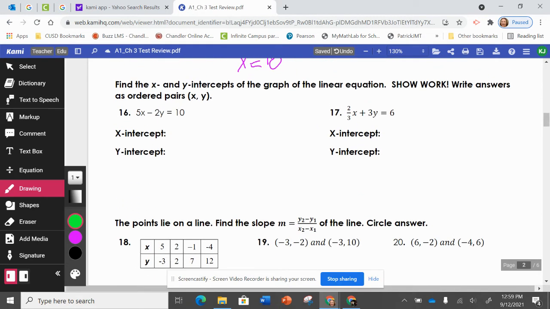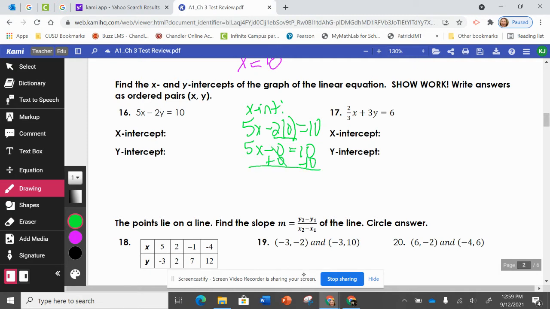16 and 17 are asking about x and y intercepts. So remember, x-intercepts are when we plug 0 in for y and solve for x. So 2 times 0 is 0.